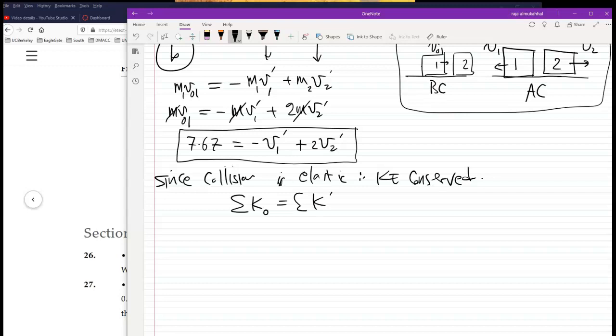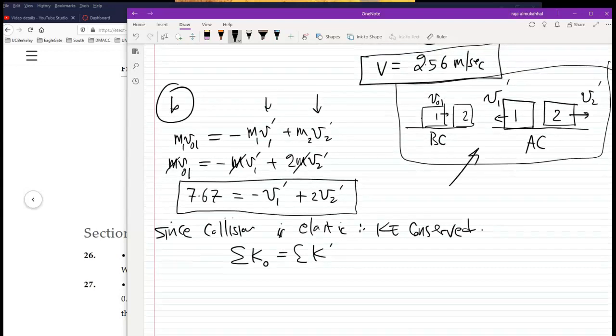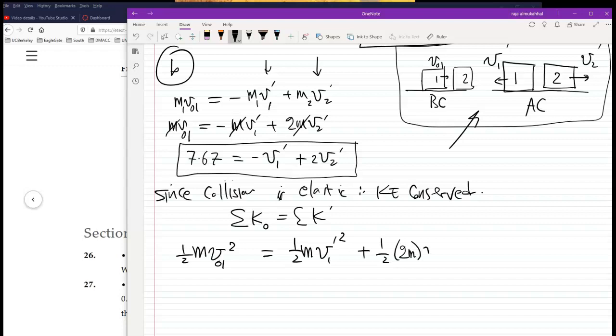Look at this picture right here as we write the kinetic energy equation. Before, I have 1/2 m V01 squared equals 1/2 m V1 prime squared plus, remember the minuses don't mean anything here because kinetic energy is squared, plus 1/2 m2, which is 2m, you agree with me on that, V2 prime squared.